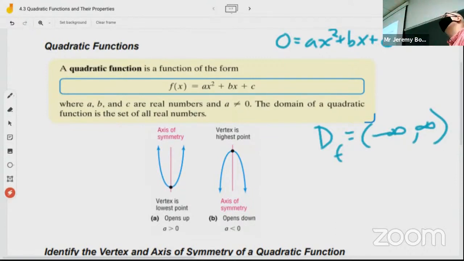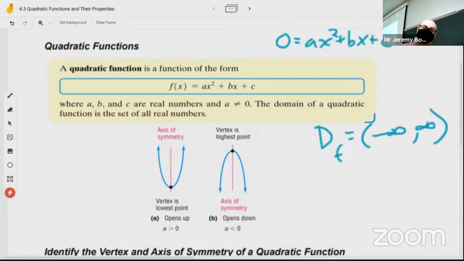The reason behind that, if you go into calculus, may dawn on you. But for right now, just remember it. If a is positive, it opens up. If a is negative, it opens down. The line that bisects the parabola, or splits it in half, is called the axis of symmetry.